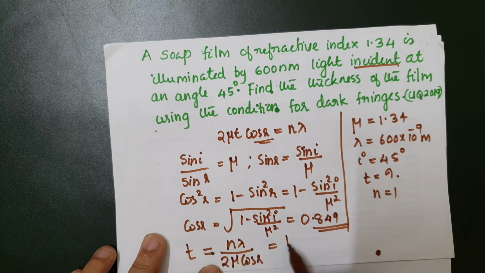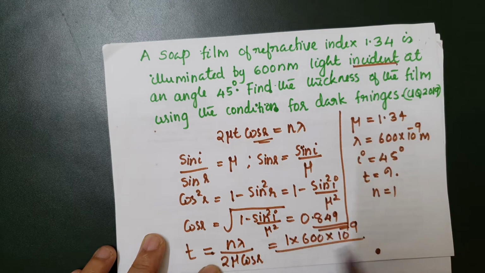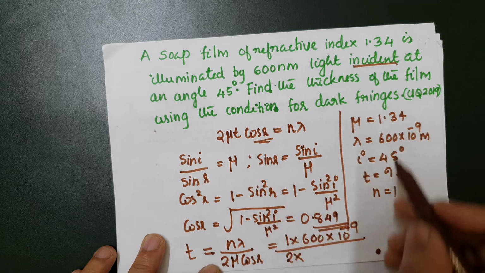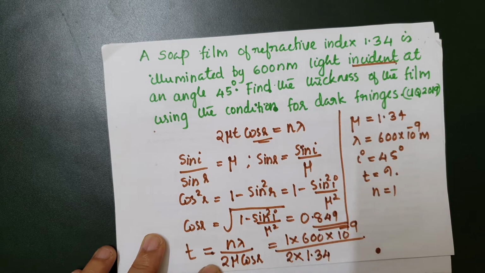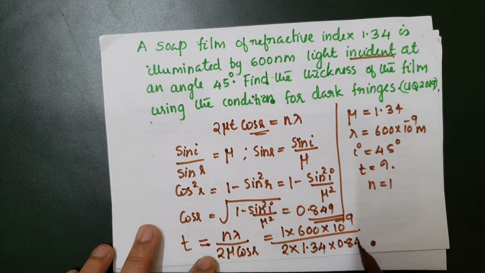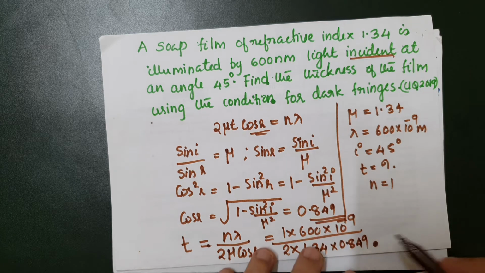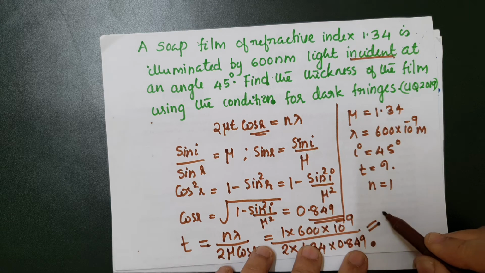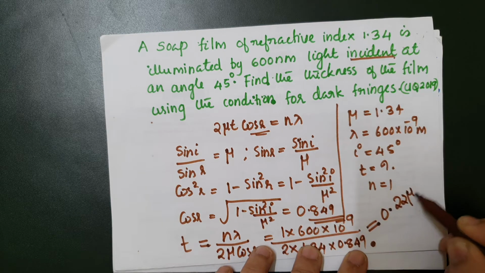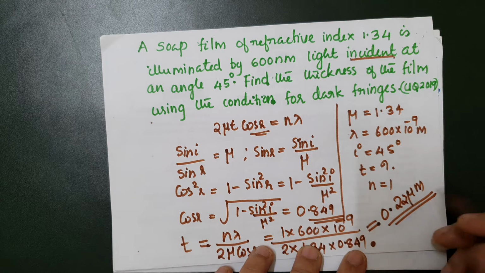That is, n is 1 into lambda is 600 into 10 to the minus 9, divided by 2 into mu is 1.34, cos r is 0.849, and this will give the final value as 0.22 micrometer, that is 0.22 into 10 to the minus 6 meter.